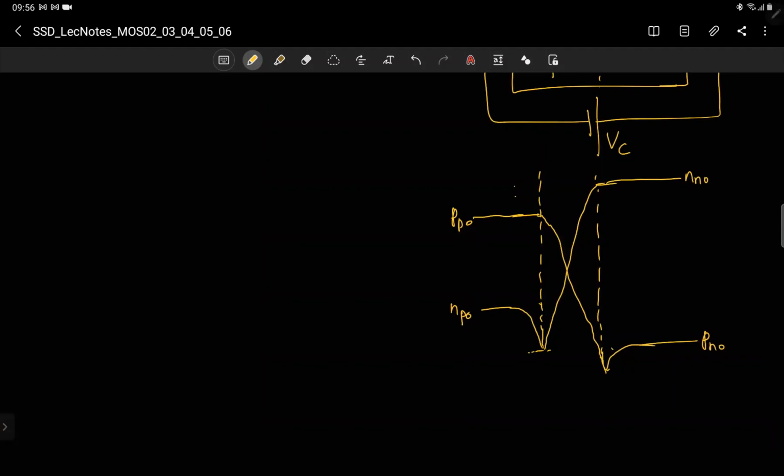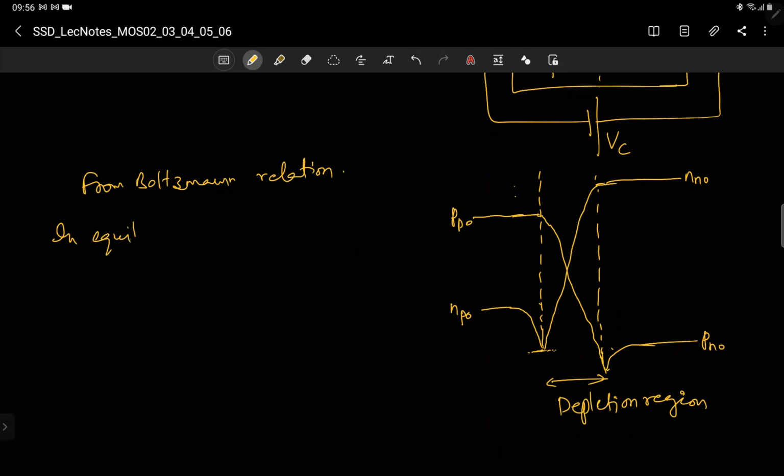And what is this concentration? From the reverse bias PN junction characteristics, you know that this voltage and this, in the depletion region, this is basically the depletion region. So from the Boltzmann relation, in equilibrium, what will you have?